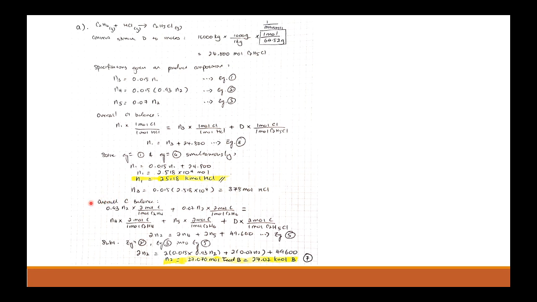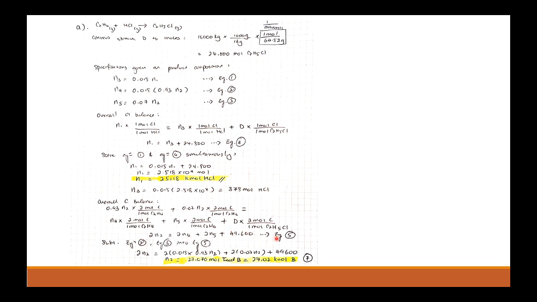We will then do overall C balance. Okay, so your inlet equals your outlet here. So your inlet contains C2H4 in the B stream and C2H6 in the B stream. Okay, and your outlet contains C2H4, C2H6, and C2H5Cl in your C and D stream.